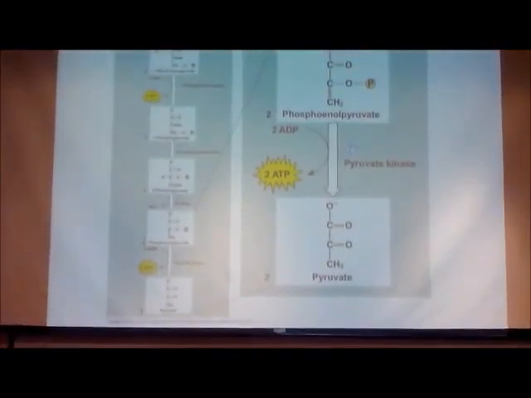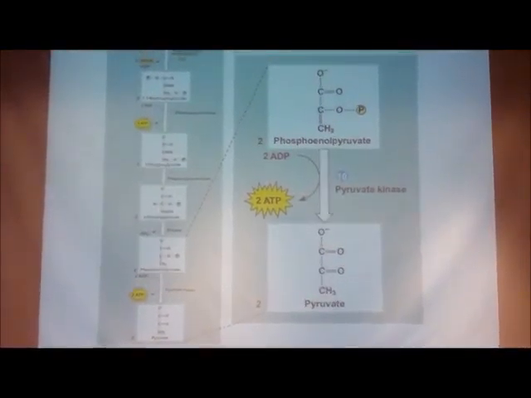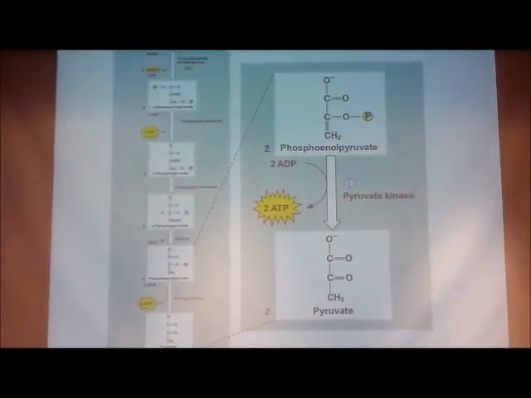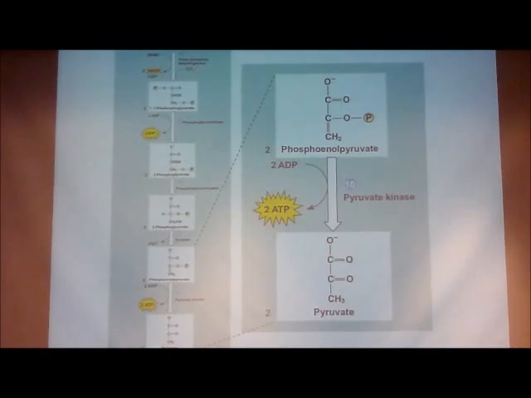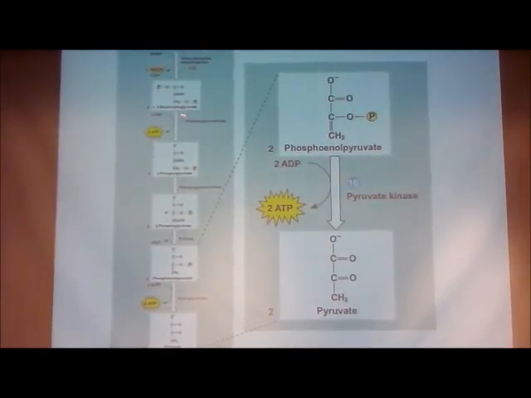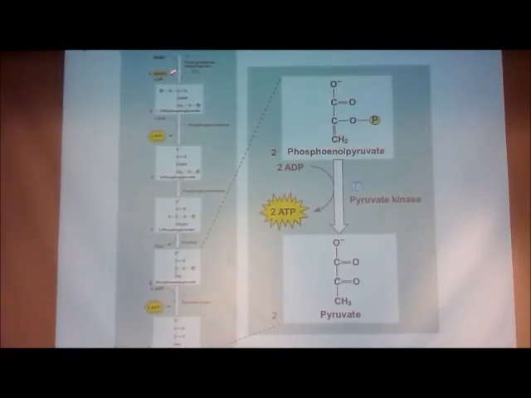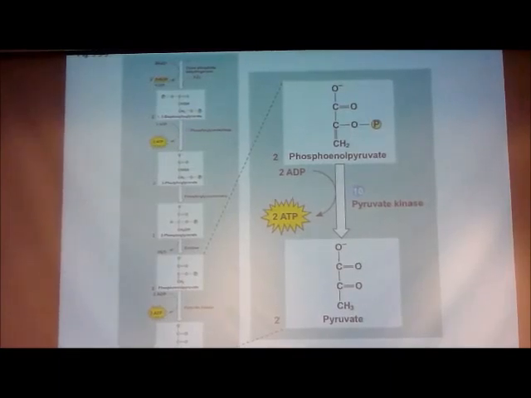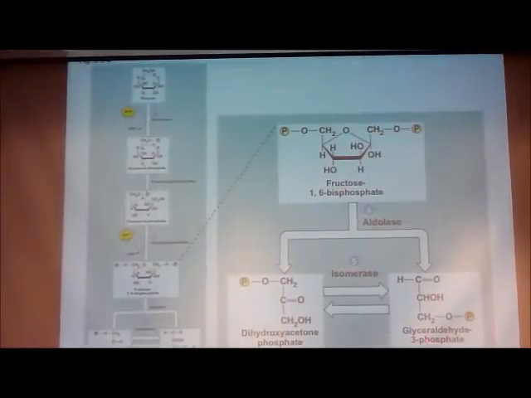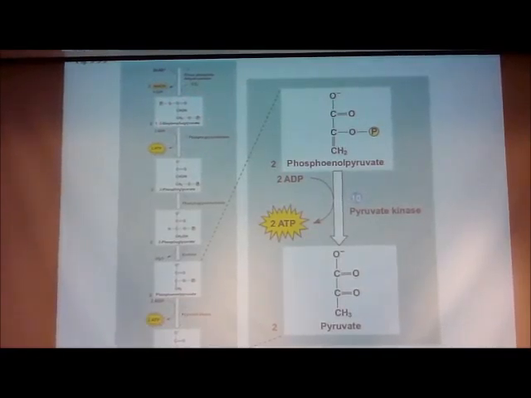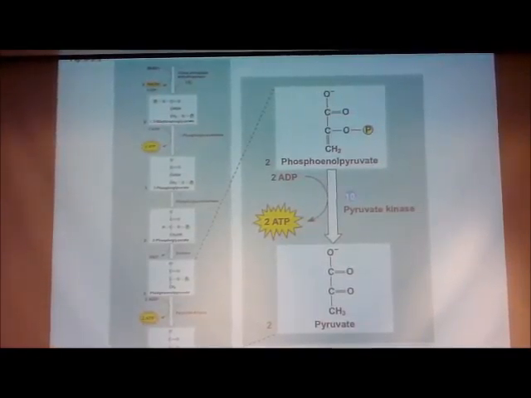All right. So now let's jump right on over and start talking about the energy payoff phase. What's going to happen in this first part of this phase is we're going to take the glyceraldehyde 3-phosphate. We're actually going to add a phosphate to it.